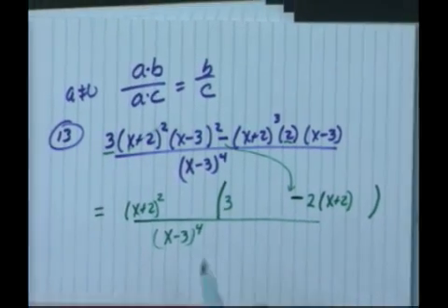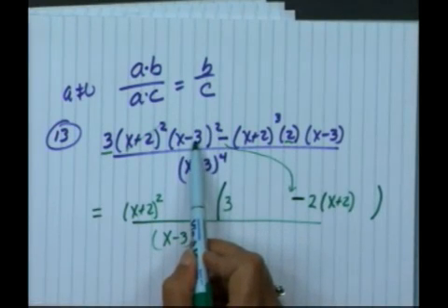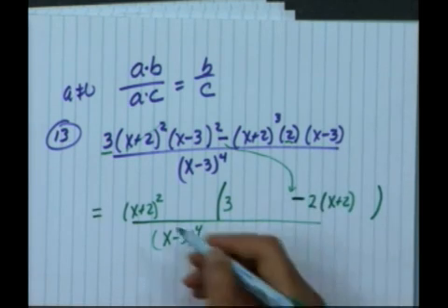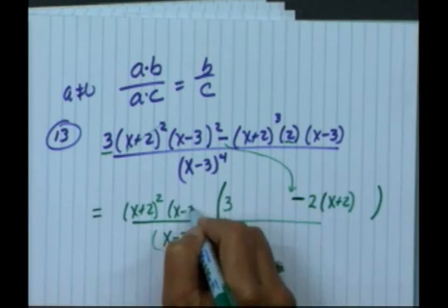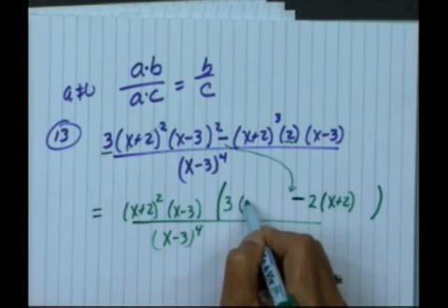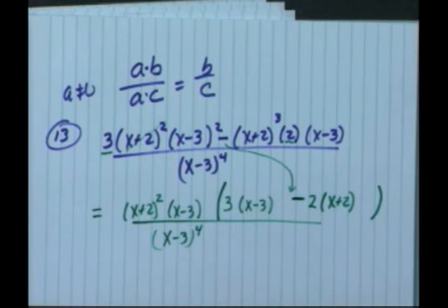In the numerator, I have 2 factors of x minus 3 in the first term, and only 1 in the second term. So how many am I going to pull out? 1 of them, x minus 3. That leaves me with 1 more factor in the first term. Are we good so far? Do you already see a place that something's going to simplify?